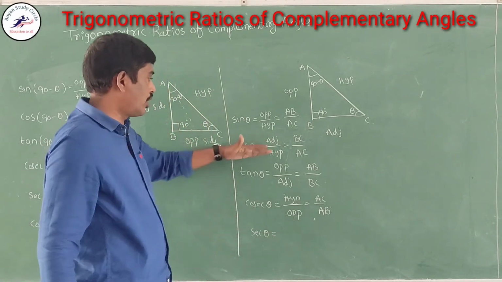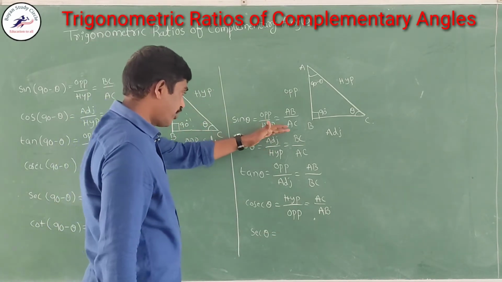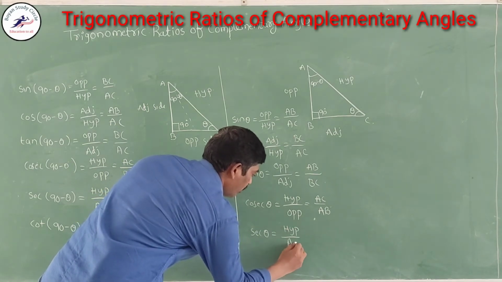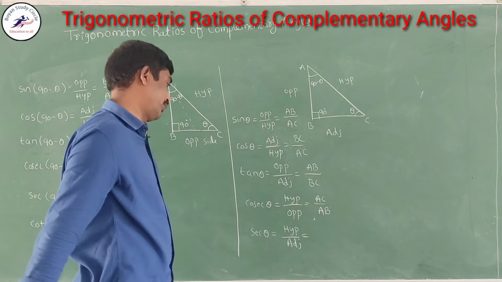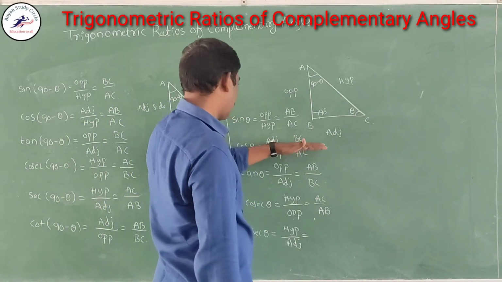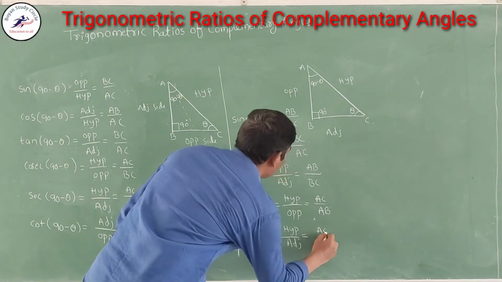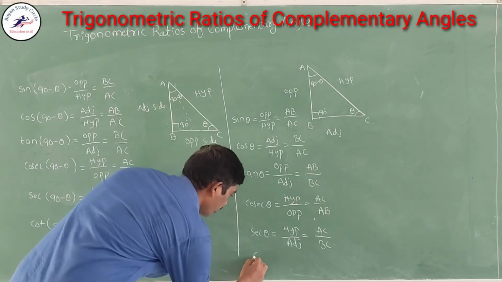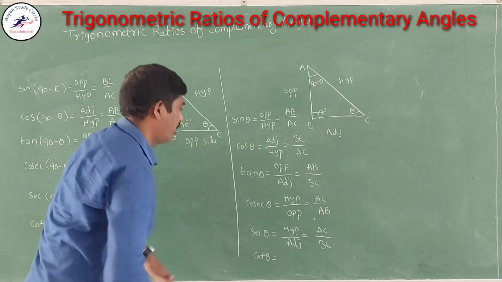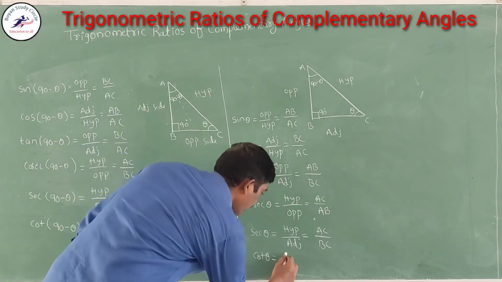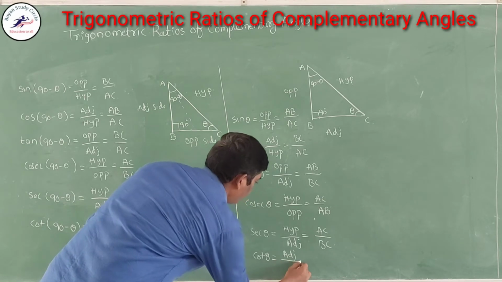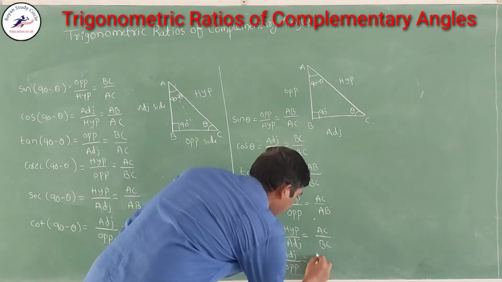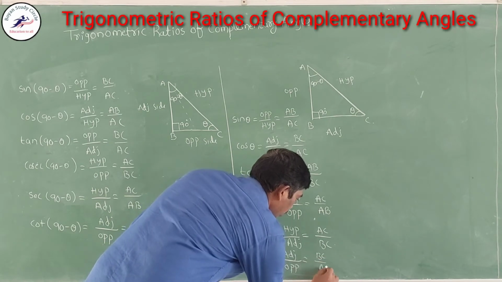Secant theta is reciprocal to cos theta, so it is hypotenuse by adjacent side, that is AC by BC. The final one, cot theta, is reciprocal to tan theta, that is adjacent side by opposite side, which is BC by AB.